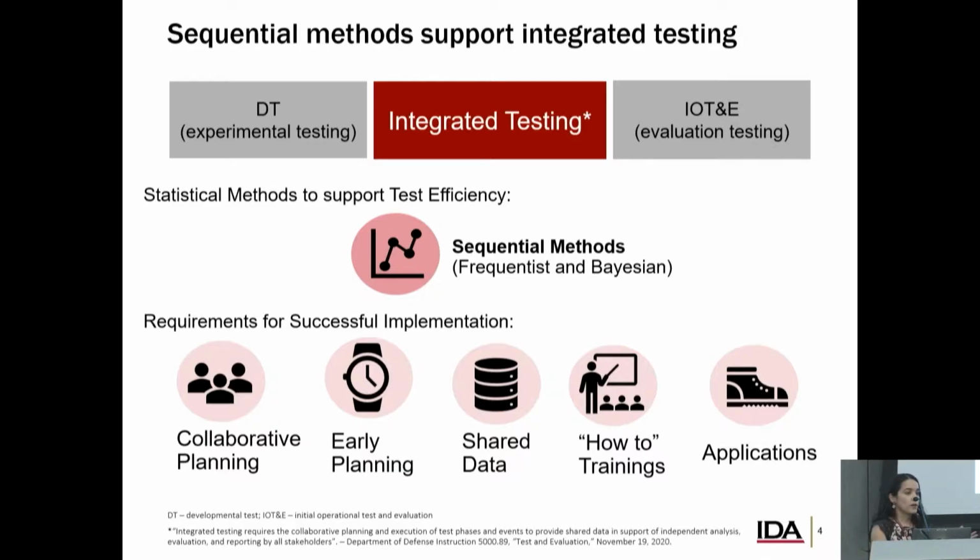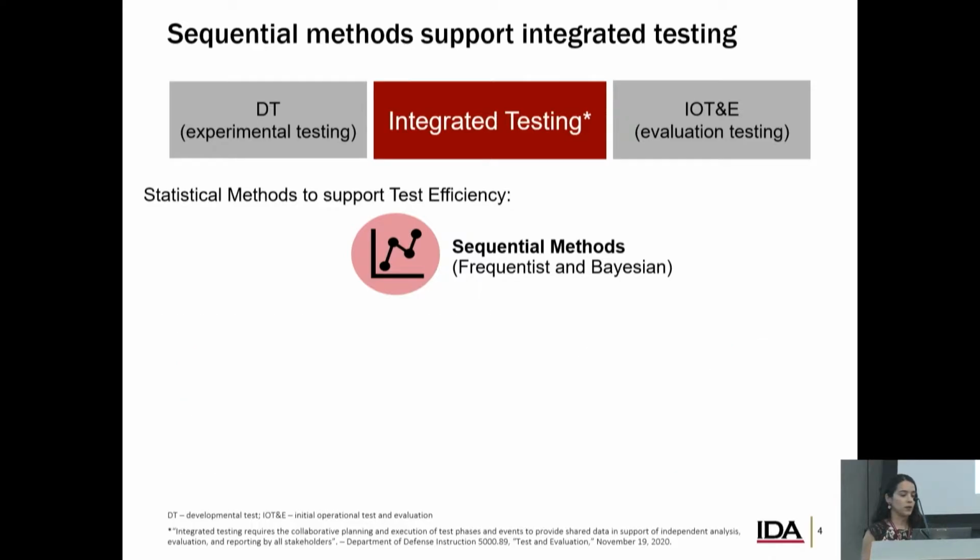The same way that experimental design, the way we do it with our DOE, the traditional way, we use to plan for experiments, we can also use sequential methods and statistical techniques, being Bayesian or being frequentist or classical, to support integrated testing. But in order to be successful, we need to keep in mind a few things.